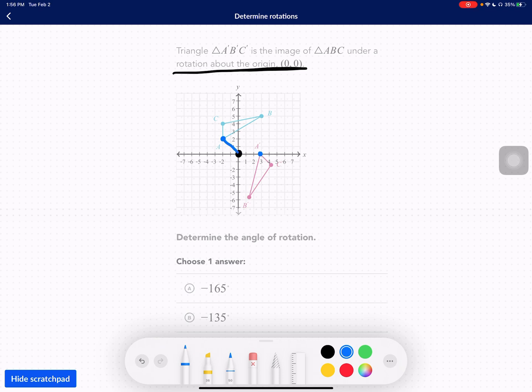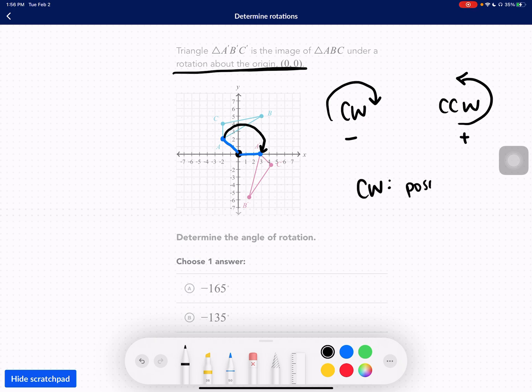So again, I'm going to draw my lines connecting to that point of rotation, and I'm going to draw the smallest angle possible. So this one would not be the smallest angle possible. I am going clockwise to my A prime. So again, clockwise versus counterclockwise. Clockwise is negative, counterclockwise is positive. So since we're doing clockwise, we have a positive rotation.